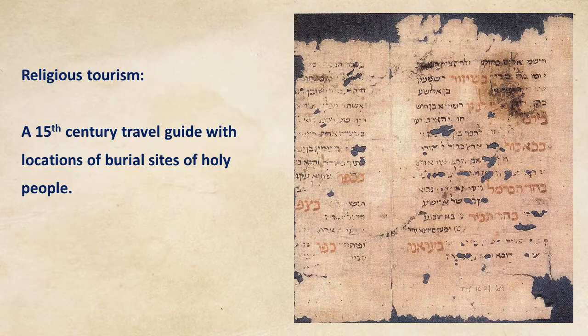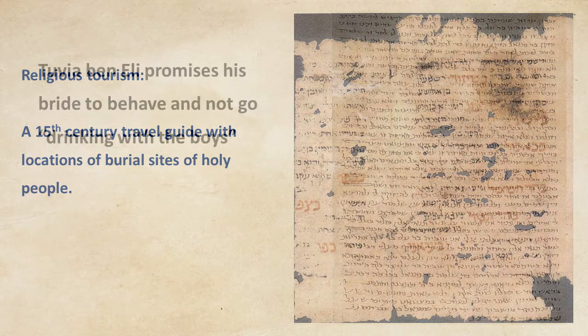This is not the Maimonides tour operation, because this is for when you go to the Holy Land, and it's a whole guide about which graves you can visit to pray because holy people are buried there. You see the red letters are the names of the towns, and in the smaller black letters who's buried there. So yes, an anti-Maimonidean tourist enterprise.